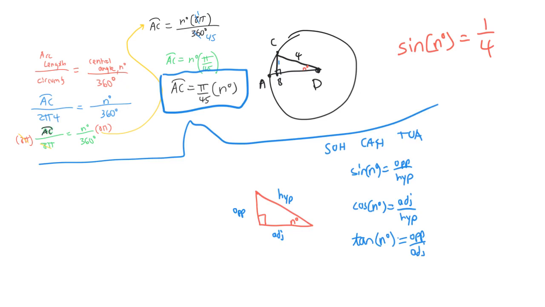There's another concept where, let's say you don't know the angle. There's a way to find the angle, and the way to find the angle is to use an inverse trig function. The inverse trig function, when it comes to sine, is what's called the inverse sine. Some would call it an arc sine.